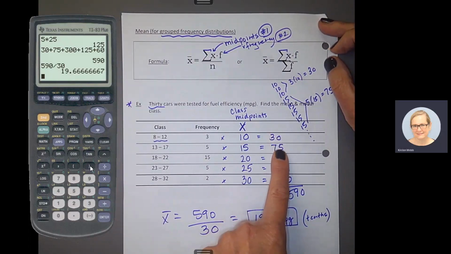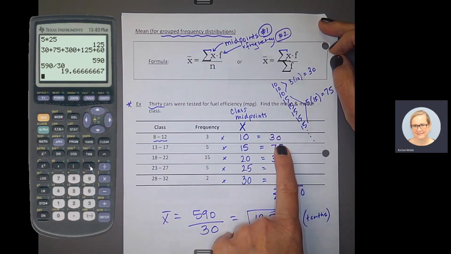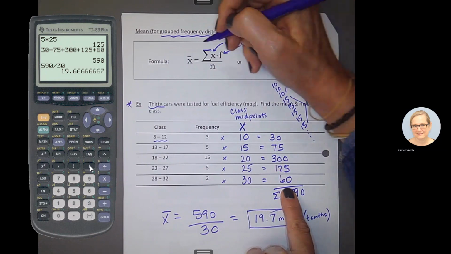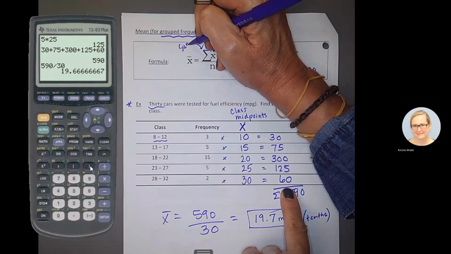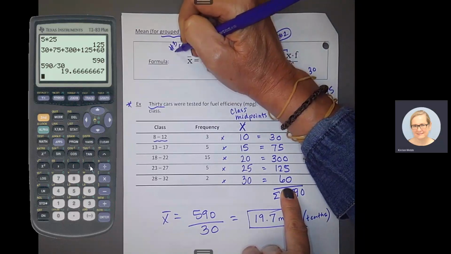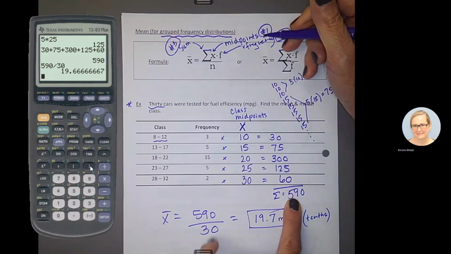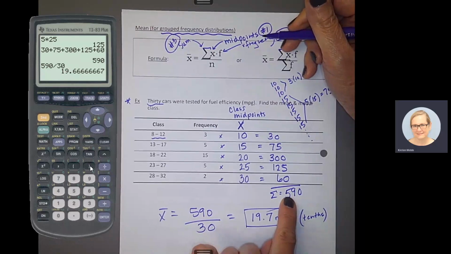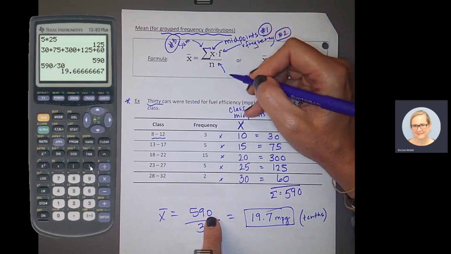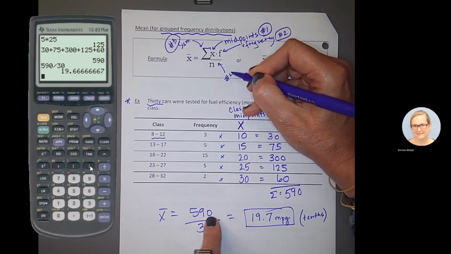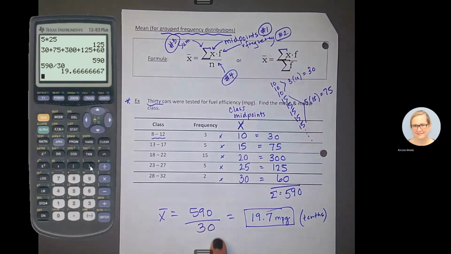And once we had that list of numbers, what was next? It was time to add them all up. Step number 3. And then once we had that total, 590, we divided by n. Step number 4.